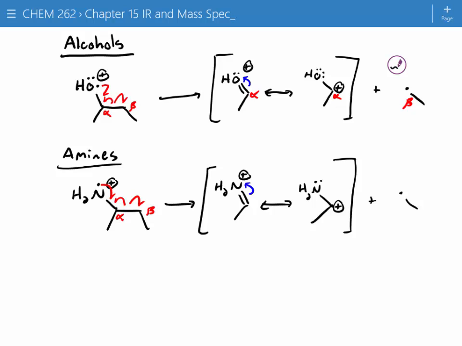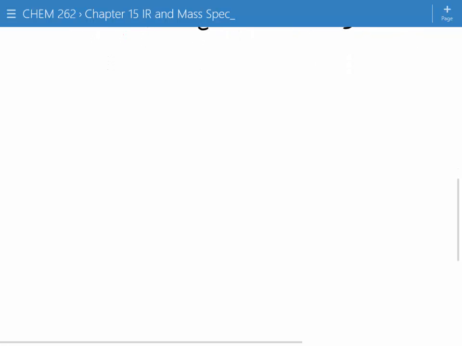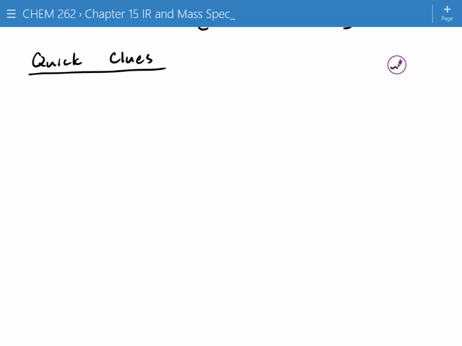All right, there are some other really useful tricks for analyzing these fragments. Specifically, we can just look at weights. So I'm going to call these quick clues. So if we've got our mass minus 15, we saw this in our problem of the day.